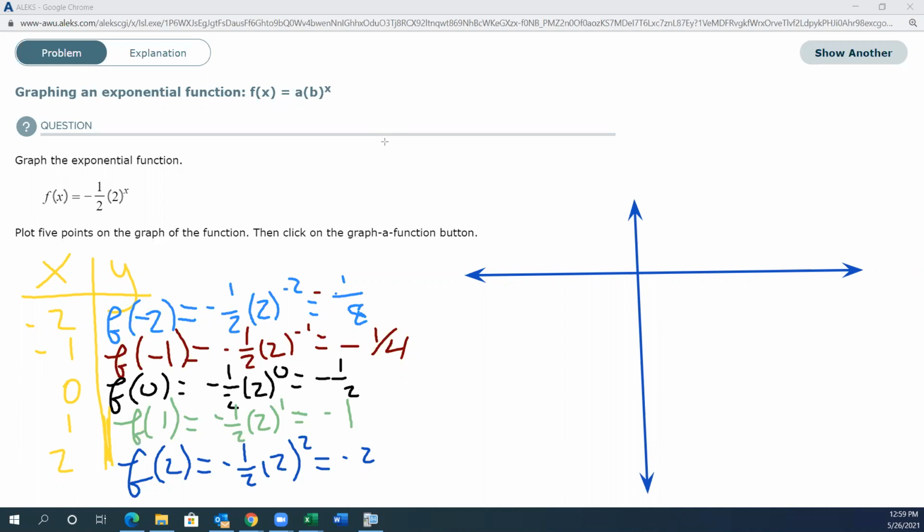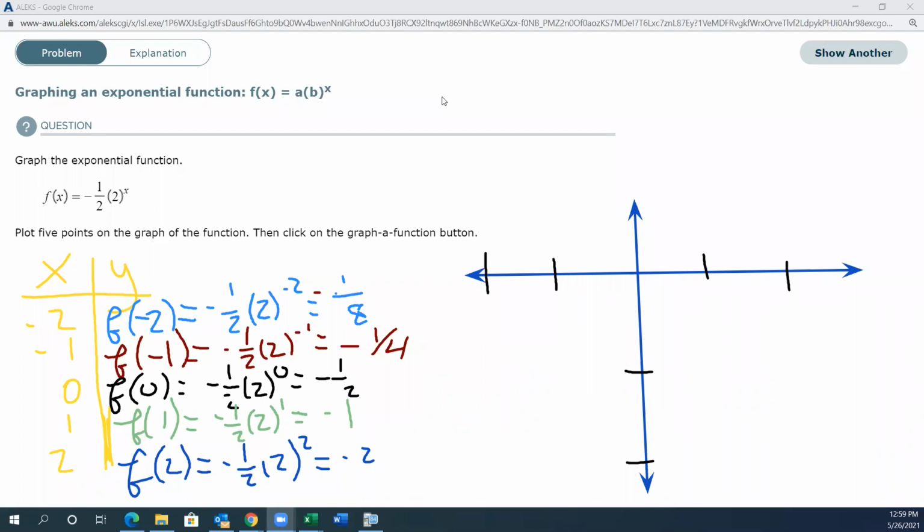Right, and let's make some tick marks. We got those guys and those guys. Okay, cool. So if we start graphing stuff, yeah, cool. Let's do that. Yeah, that'll work.